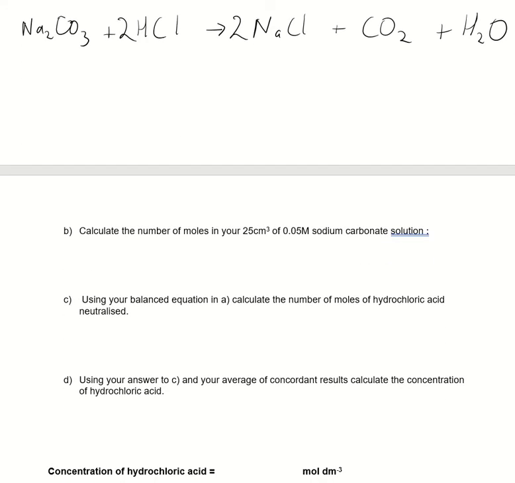So calculate the number of moles in 25 cubic centimeters of your 0.05 molar sodium carbonate solution. So equation, n equals CV. Concentration, given here, so capital M is moles per decimeter cubed, molarity. So we've got 0.05 times volume here.